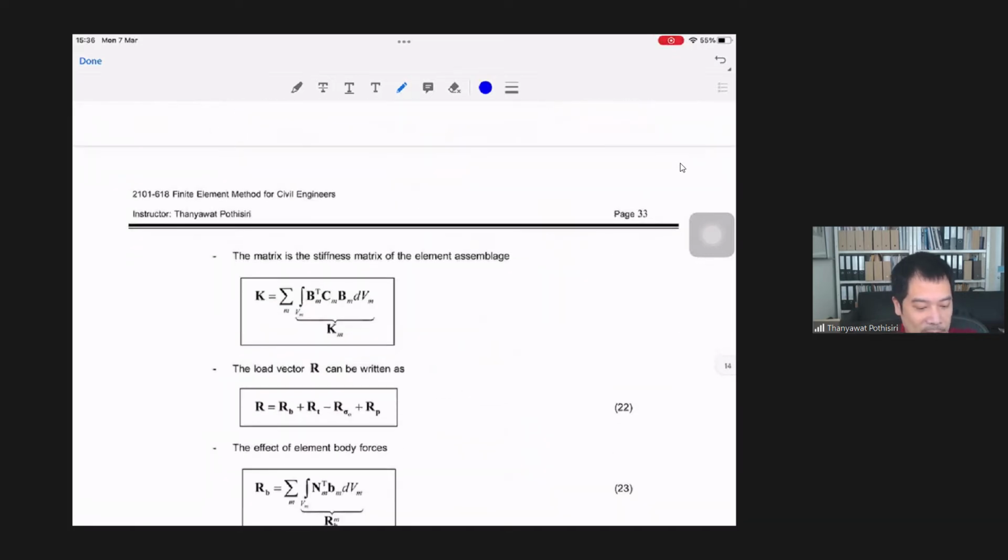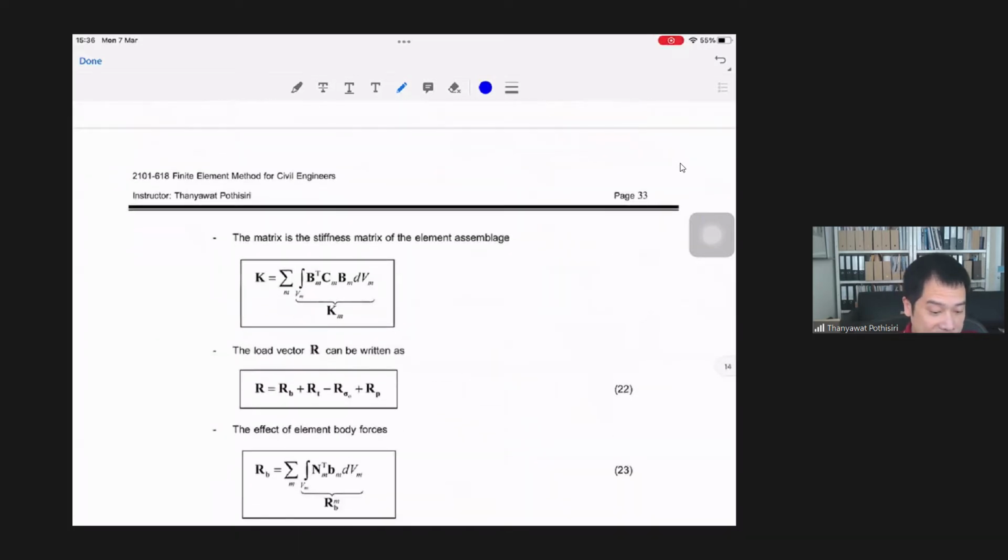So to summarize all the matrices involved, you have this stiffness matrix of a structure, which needs to be obtained. But in order to obtain that, first you need to be able to compute this part for each element, which we are going to call the element stiffness matrix. From the element stiffness matrices, you can somehow assemble them to get the structural stiffness matrix.